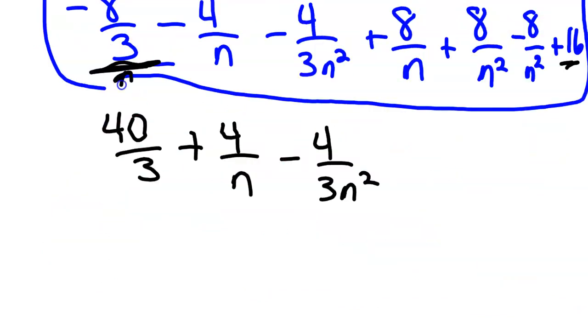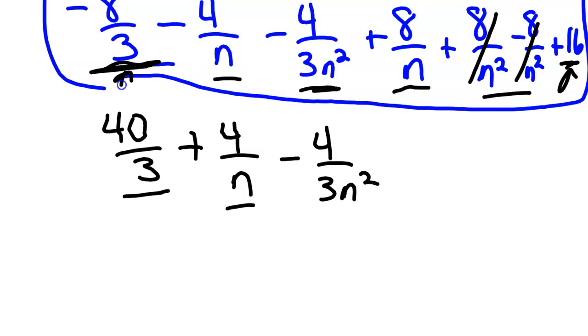All right, so I simplified these out. That negative 8/3 and the 16 ended up being 40/3. Negative 4n, positive 8 over n, that's 4 over n, and then these two on the end cross out because they're 0. And then you've got the negative 4/3 over n squared.